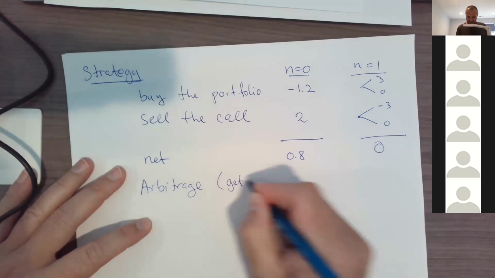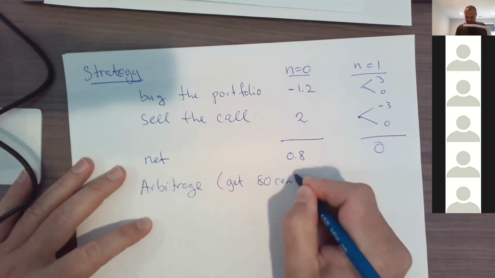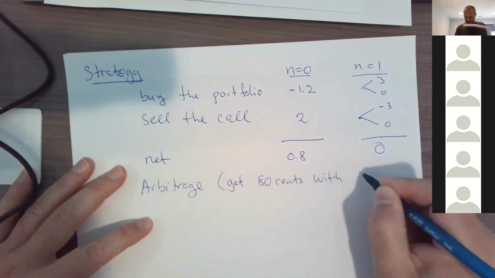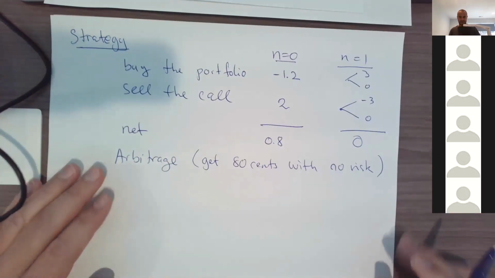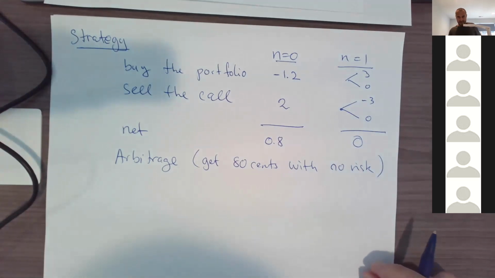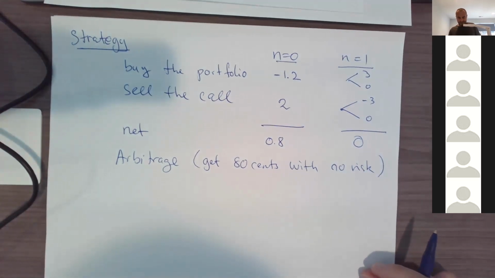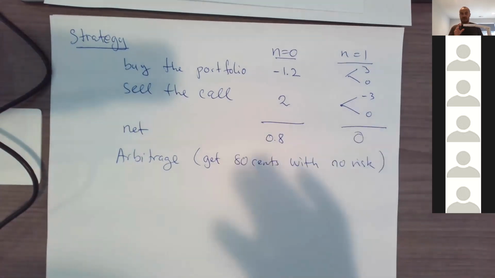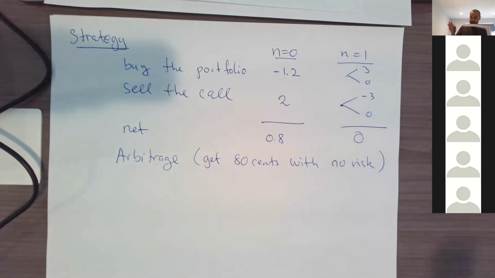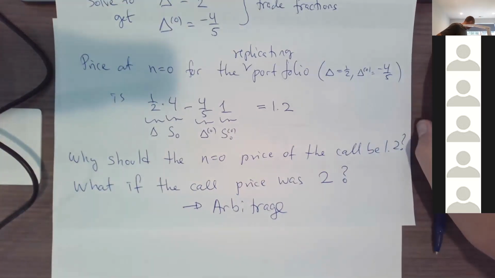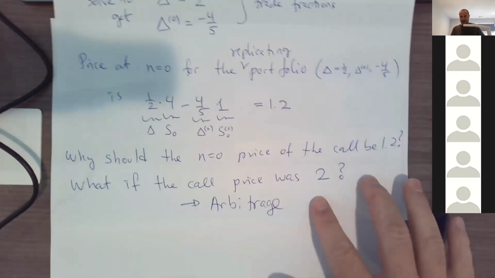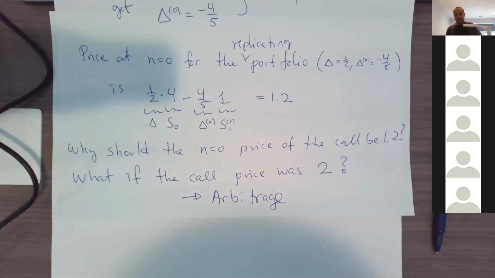You get 80 cents with no risk. So this shows you that if the call price was 2 and the replicating portfolio is 1.8, you can pocket 80 cents today.